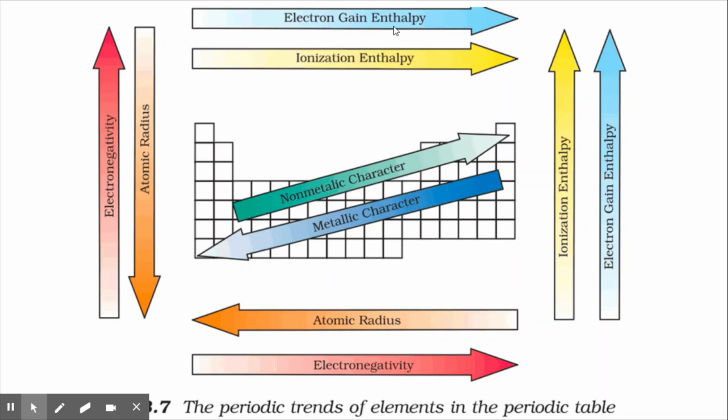Enthalpy is hard to understand, but it basically means that the likelihood of it becoming an ion or gaining electrons increases as you go over and up. That's usually all it means. These are some of the trends that the periodic table tells us simply by the location of the elements. We can talk a little bit more about that once we get to chemical bonding, which is after this unit.